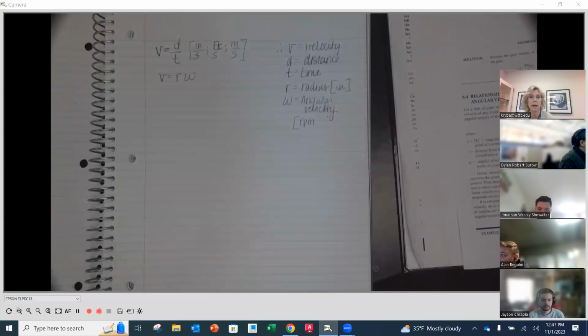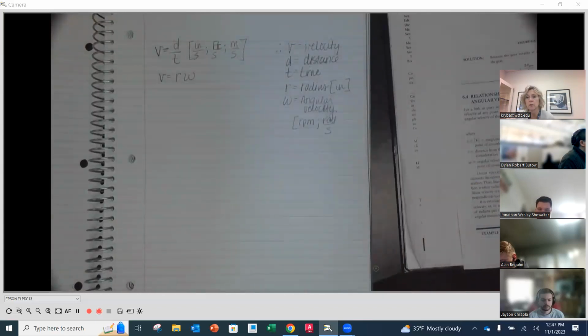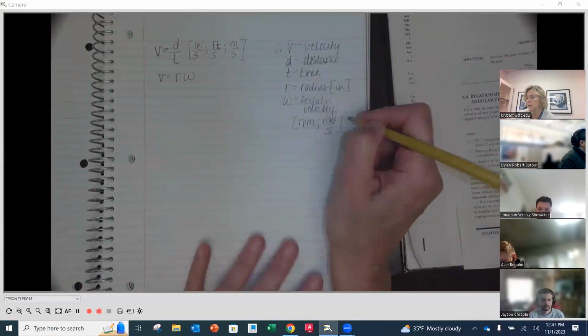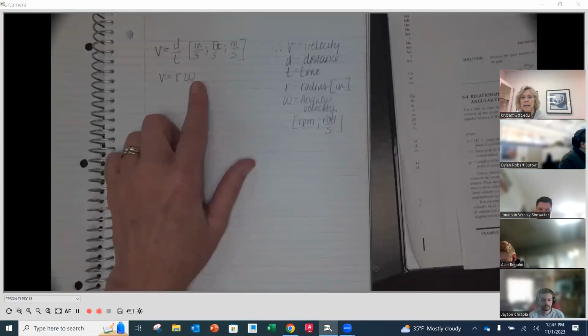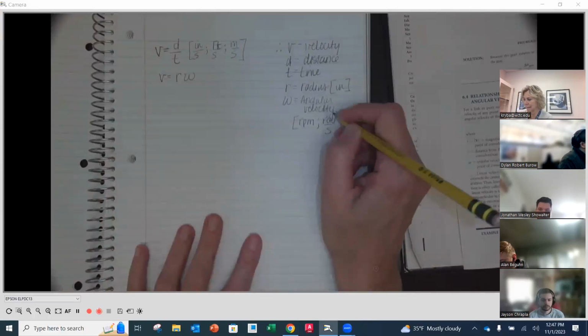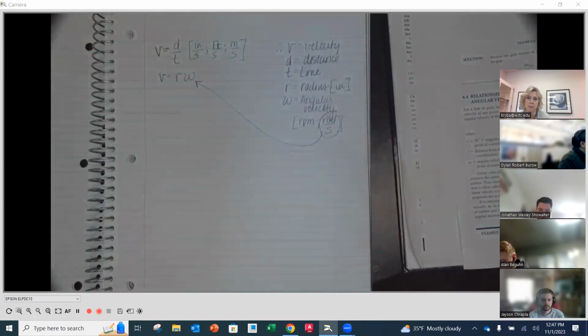Mitchell and Jacob had mentioned radians per second. Okay. Radians per second. Absolutely. That's another form of units that we use for rotational motion. Now, in and out of this equation, it has to be radians per second.